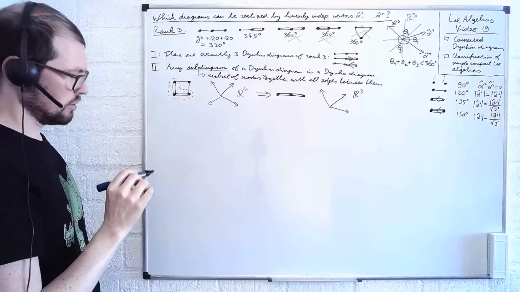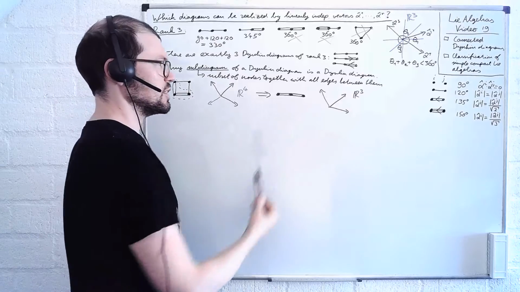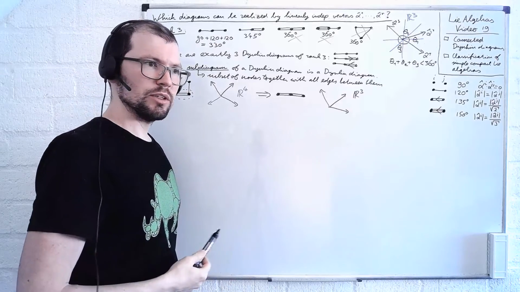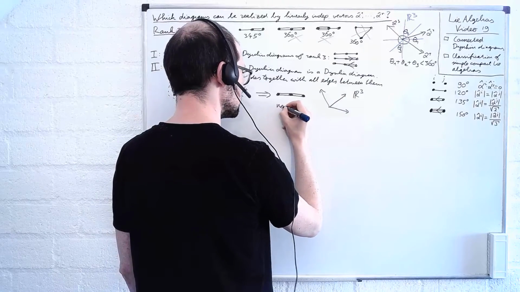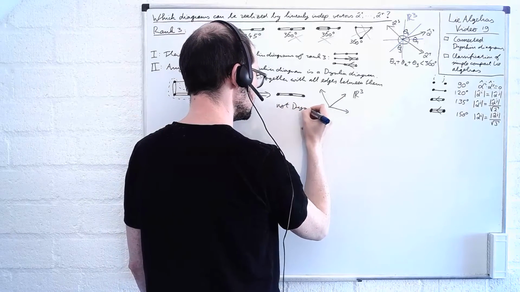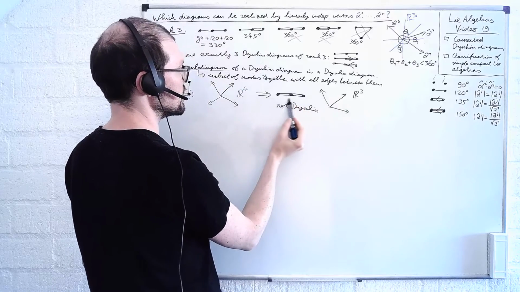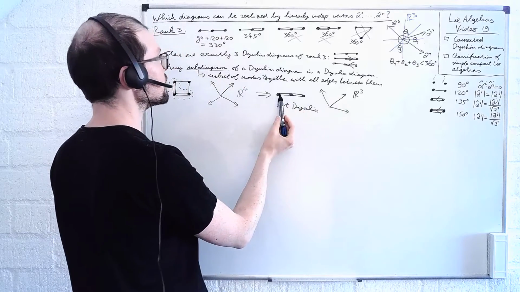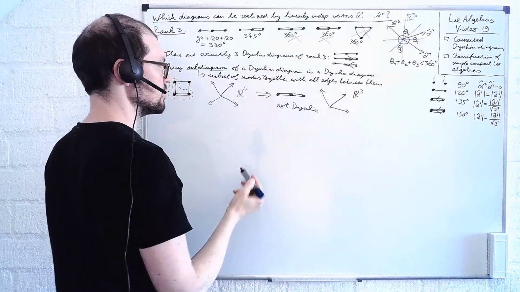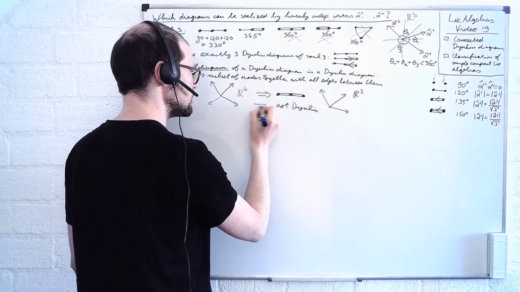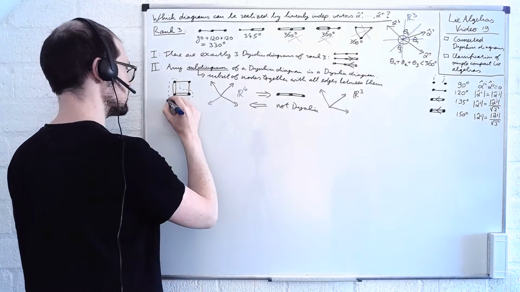So why is this useful? Well, this says if this is Dynkin, then the subgraph is Dynkin. But this is equivalent to saying that if this is not Dynkin, and in this case it really is not, because we know this is a rank 3 graph and it's not in this list, then that implies that this larger graph is also not Dynkin.